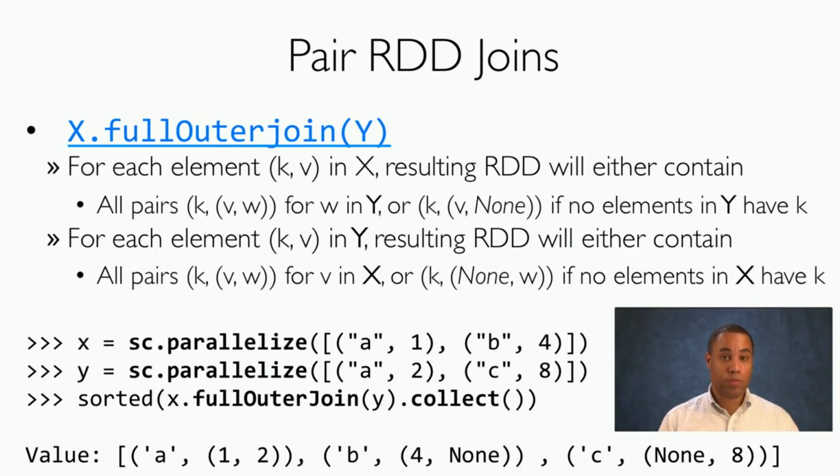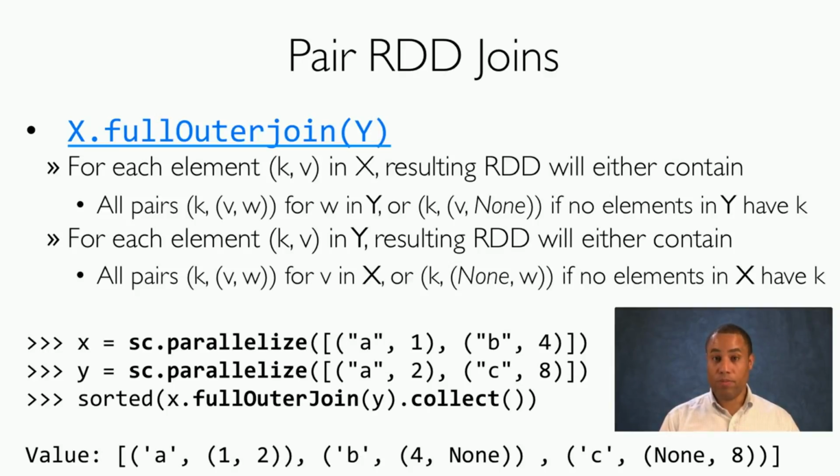So here we have one collection consisting of the pairs (A, 1) and (B, 4), and a second collection consisting of (A, 2) and (C, 8). When we produce the full outer join, we'll end up with A with the pair (1, 2), because A appears both in X and in Y. We'll end up with the pair B and (4, None), because B only appears in X with the value 4.